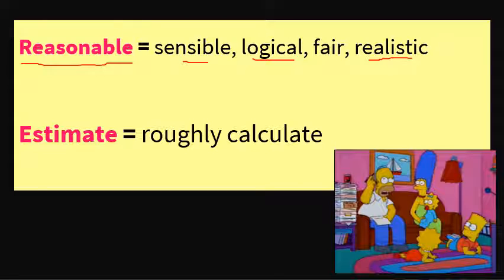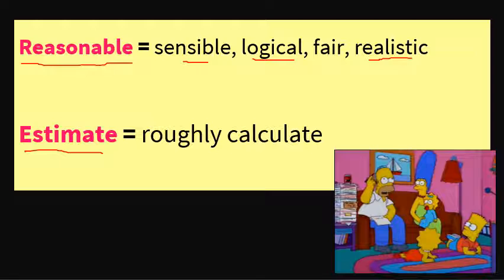Now we're looking at using estimates to figure out whether the answer is reasonable, whether it's close to the estimate. This idea of estimating is about roughly calculating. So we're going to be using rounded figures, rounding to tens places or hundreds place or thousands place, because they're nice and easy to calculate with.